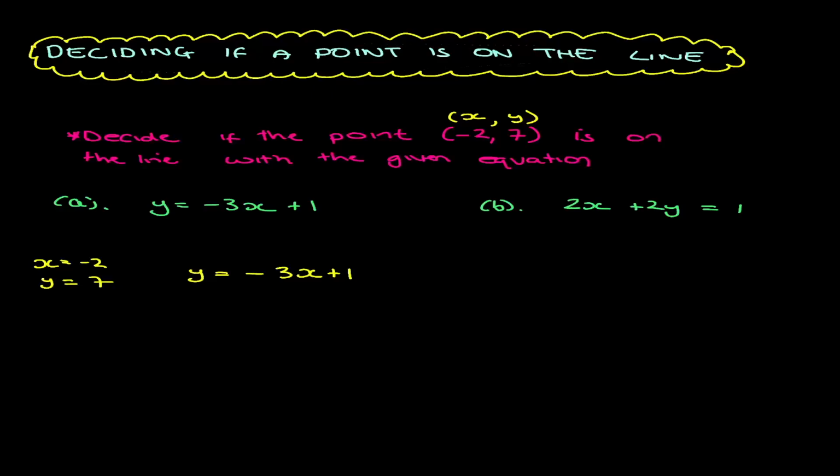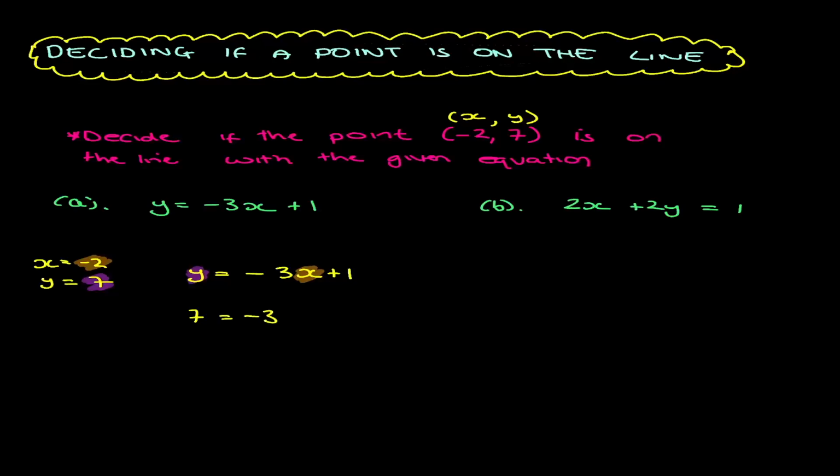So let's sub it in. What I mean by substituting is, wherever I see y, I'm going to sub in 7, and wherever I see x, I'm going to put in -2 and see if the equation holds true. My left-hand side is y, so I can just call that 7.